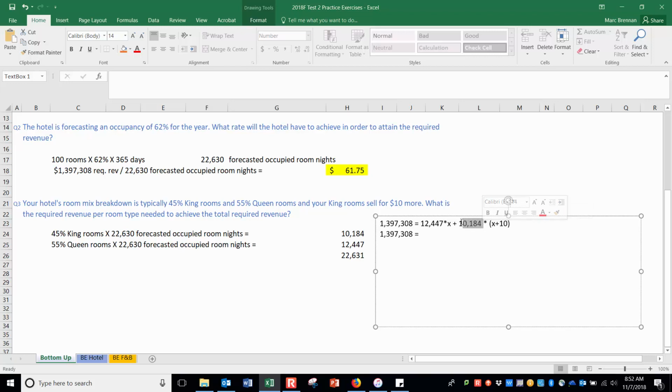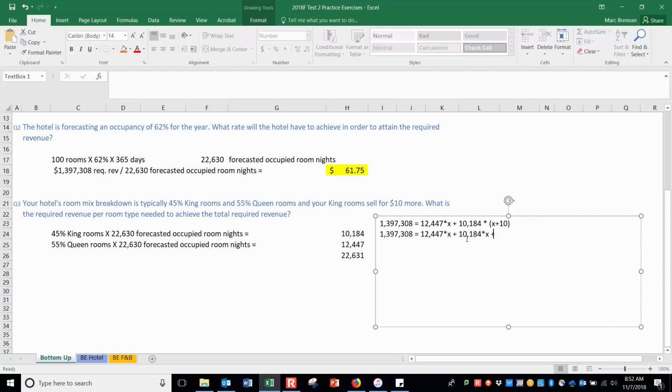I need to first multiply 10,184, so let's start by writing out the first part here, plus 10,184 times just X. So what does that equal? 10,184 times X is what it equals.